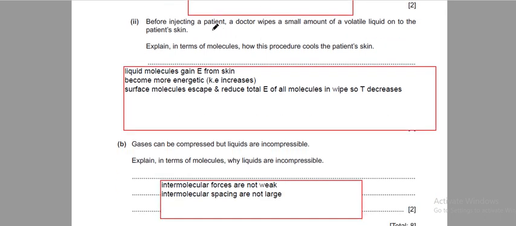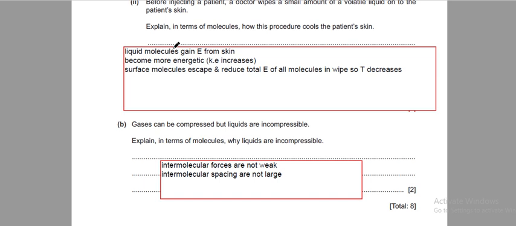Before injecting a patient, the doctor wipes a small amount of volatile liquid on the skin. Explain how this cools the patient. Liquid molecules gain kinetic energy from the skin, becoming more energetic.